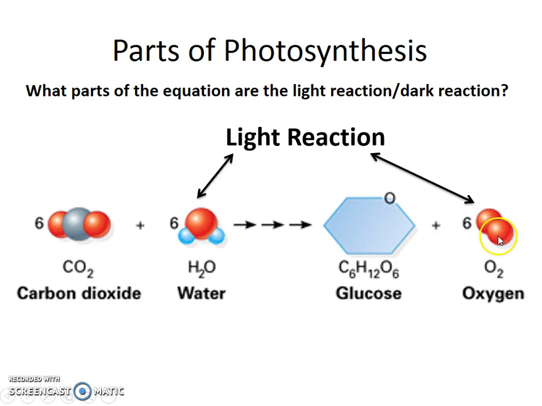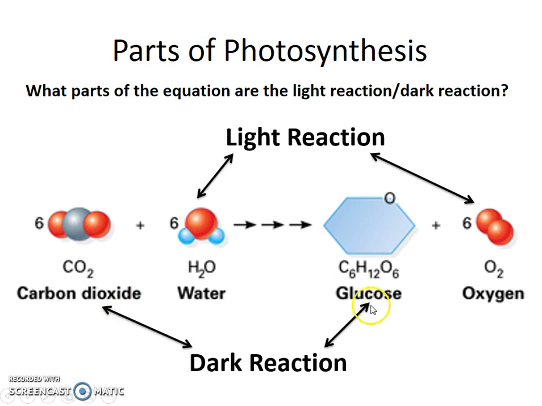The oxygen goes away, so why isn't the hydrogen here? Well, that's because it's getting stuck to the CO2 in the dark reaction to make that CO2 into CHO, glucose. This one big reaction that we call photosynthesis is actually 2 of these smaller reactions combined.